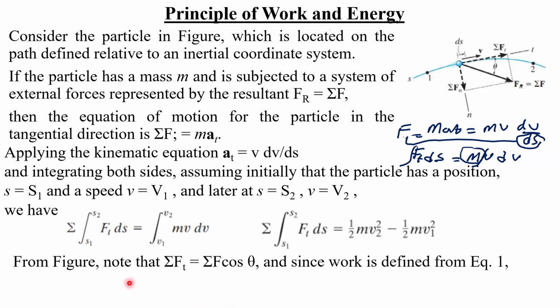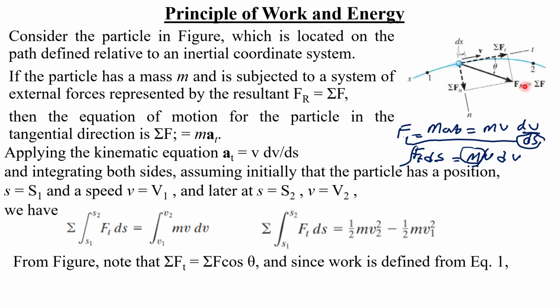From the figure, we know that summation F_t is summation F cos theta. That is the component of the total resultant force along the tangent.